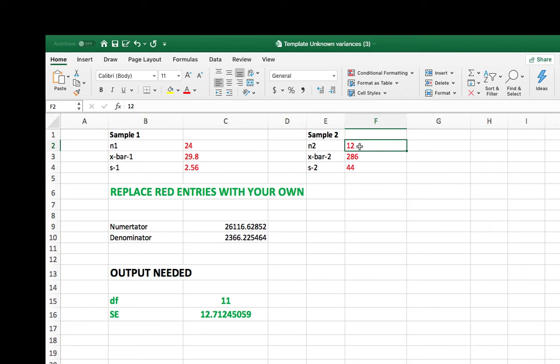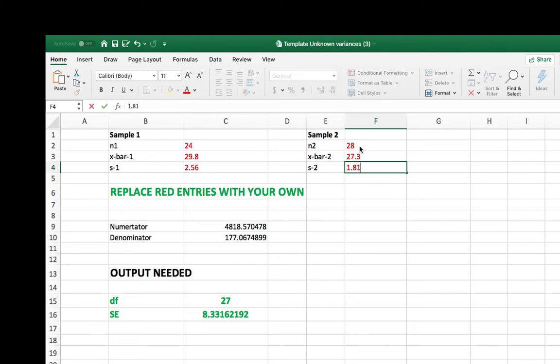We were given that the sample size was 28, the X bar was 27.3, and the sample standard deviation was 1.81.